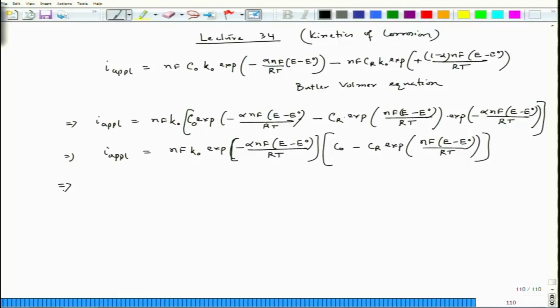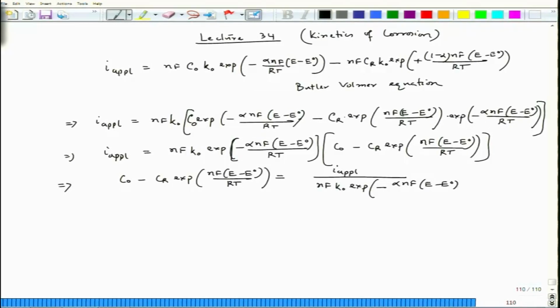It turns out to be then C_O minus C_R exponential nF (E minus E0) by RT equal to I applied divided by nF K0 exponential minus alpha nF (E minus E0) by RT. So, this we are getting.